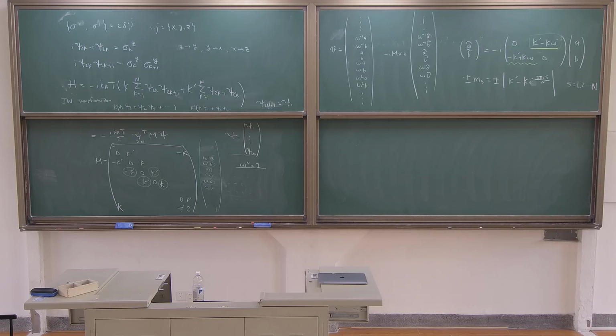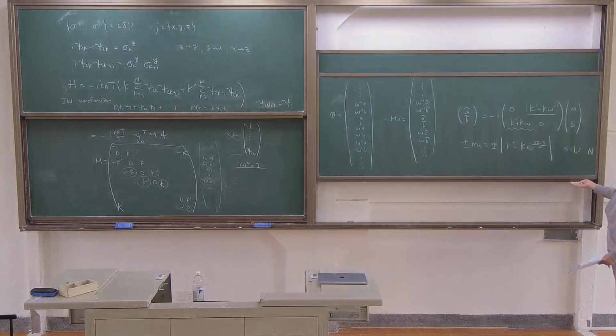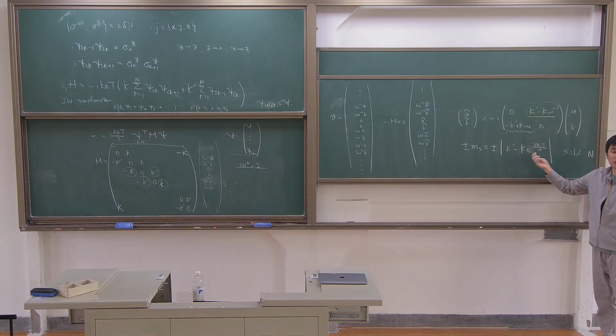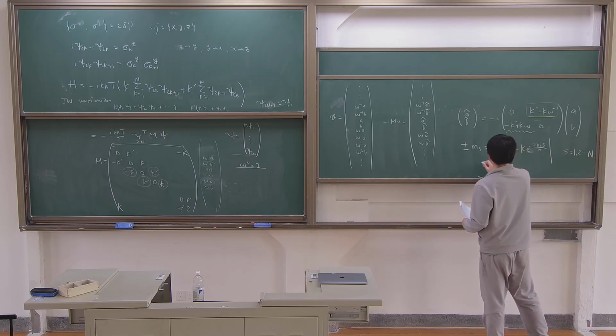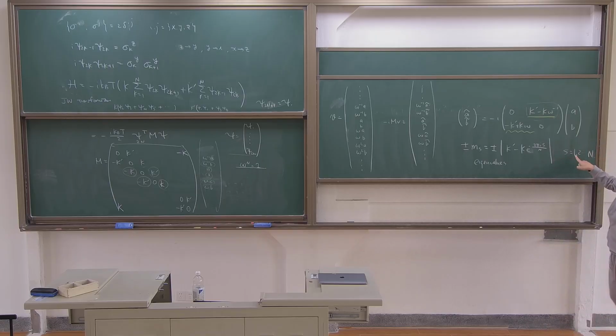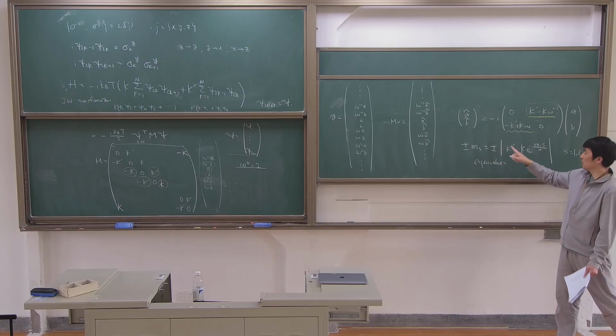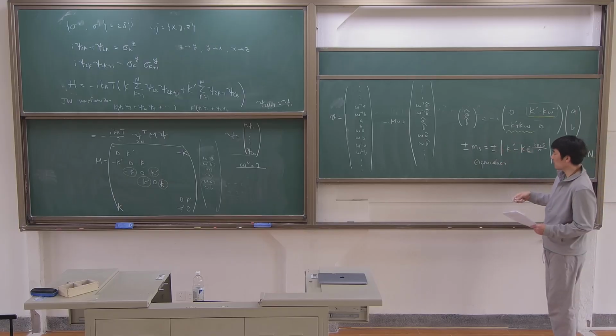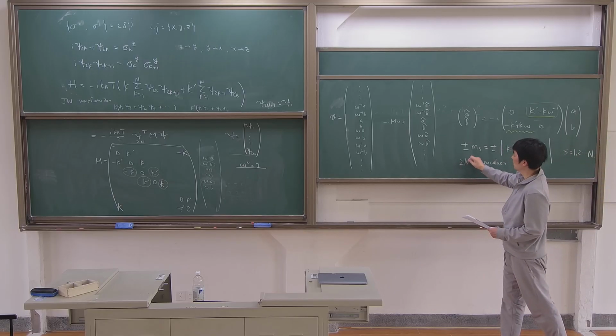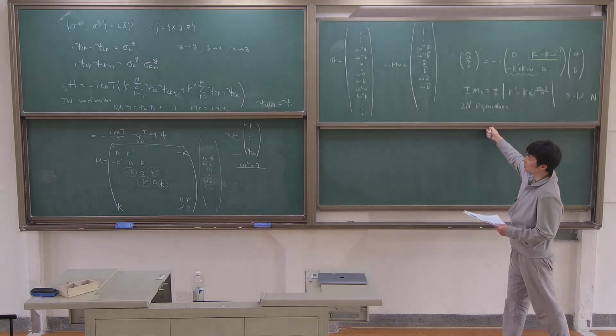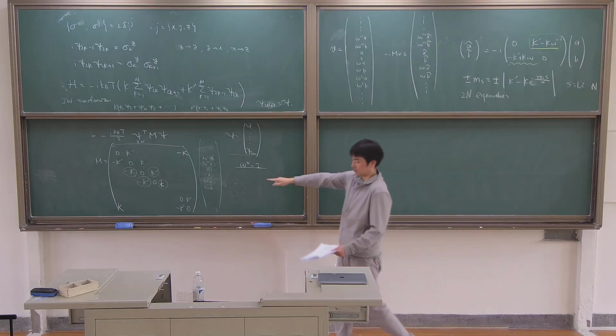So this is the case. It's easy to solve this 2 by 2 matrix like this way. So these are eigenvalues. And since s runs from 1 to n, and there's a plus minus and absolute value, therefore there are 2n eigenvalues. These are the eigenvalues of this one.